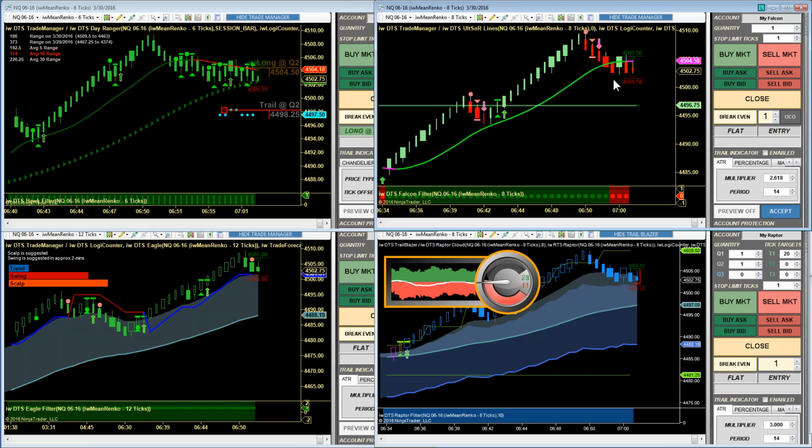We're working on a trend line touch signal here on the Falcon. Traders very content with where the market is at the moment, around 4,500, which is great.